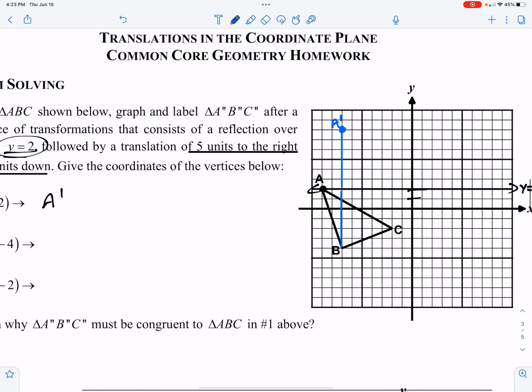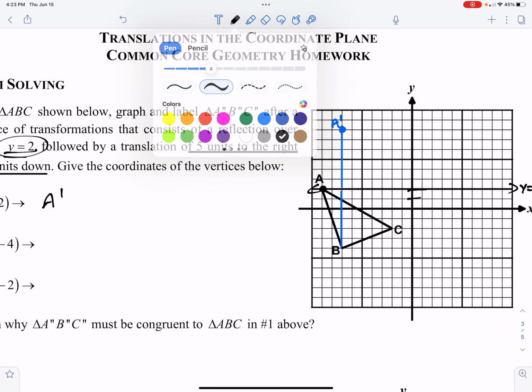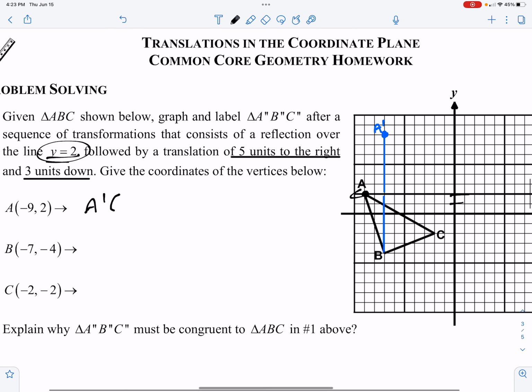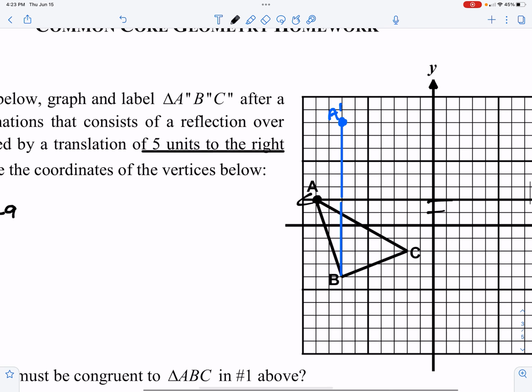You can see that's going to have the exact same x coordinate. So it's going to be negative, let's see, negative 1, 2, 3, 4, 5, 6, 7.